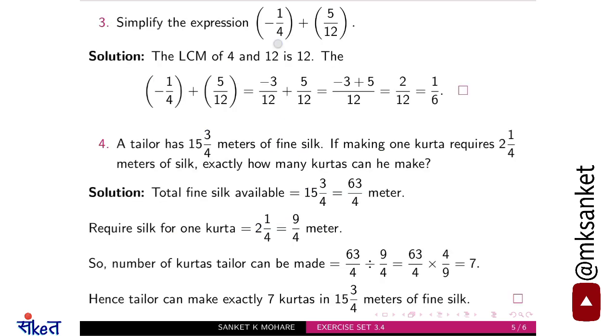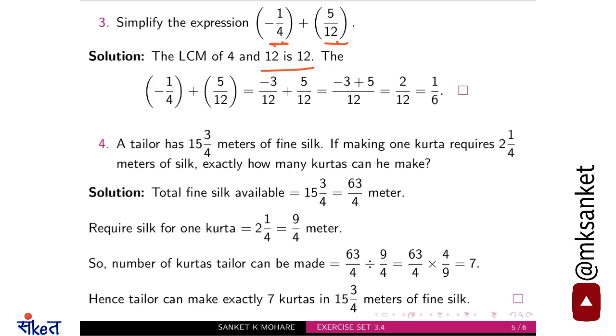Question number 3. Simplify the expression negative 1 by 4 plus 5 by 12. To add these two rational numbers, the denominator must be the same. To make the denominators equal, we will find the LCM of 4 and 12, which is 12.